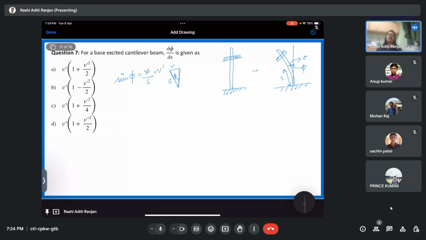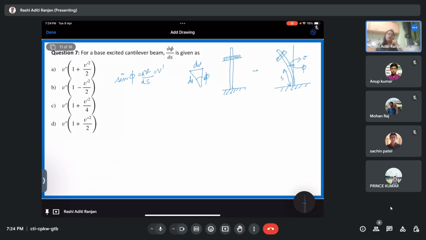which I can write as v dash. V dash is actually the differential of v with respect to, no, I have to define it as dv by ds because it is small. Because it is small, it should be a differential element. So dv by ds, this is your phi.